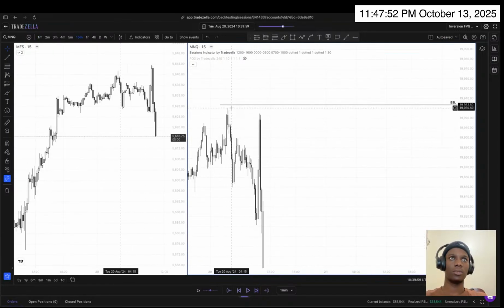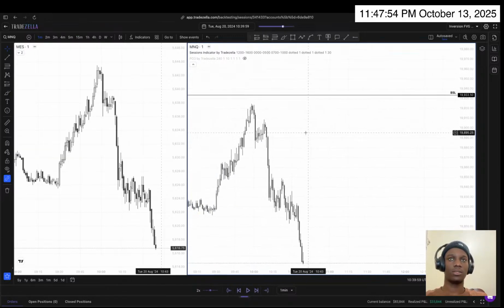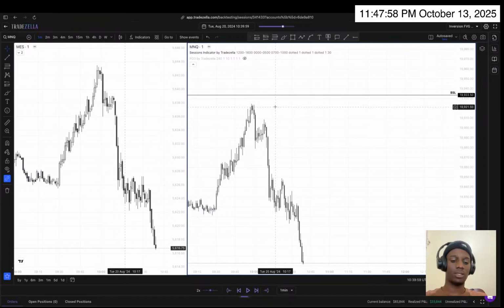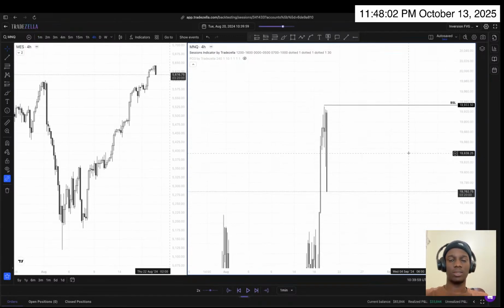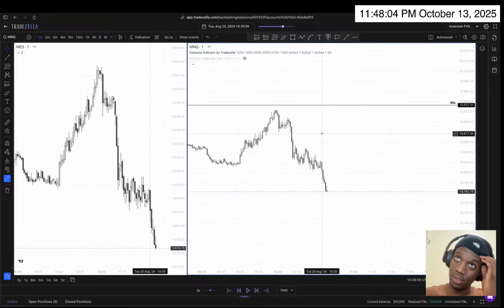They like SMT here, so signs of bearishness, drops, inversion, retracement. So I was on the wrong side of the market being bullish, but you know, it's okay.